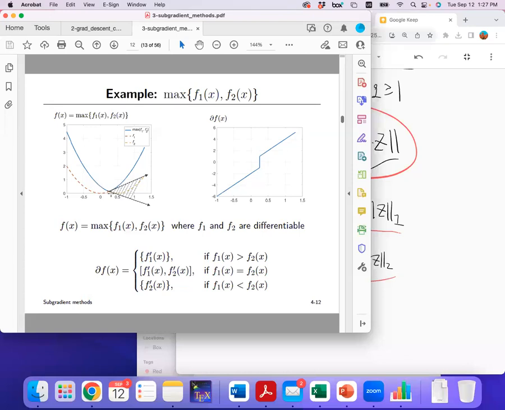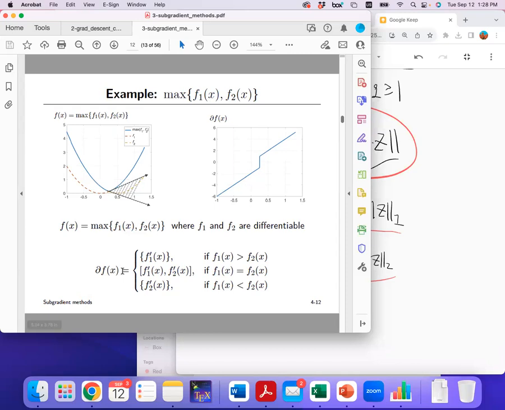Now you consider the maximum of these two, so you pick these blue segments, the pointwise maximum of the two functions. Both f1 and f2 are differentiable, since in this figure one is a quadratic curve and the other is another quadratic curve, and they intersect. Now you pick the two upper parts. They form the maximum function.